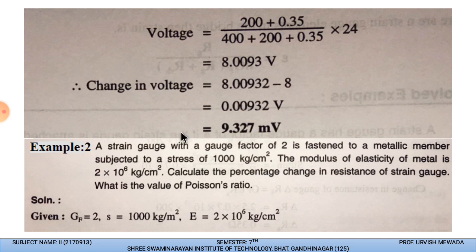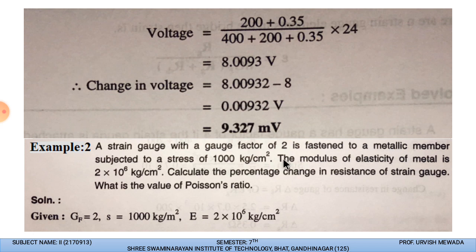The statement of example number 2 is: a strain gauge with a gauge factor of 2 is fastened to a metallic member, meaning it is pasted on the metallic member on which we are applying the stress. We already discussed that some strain gauges we can paste on the surface of the metal with the help of adhesives.